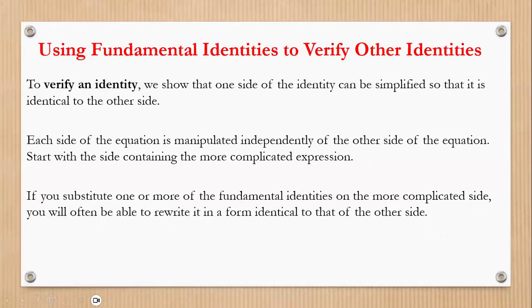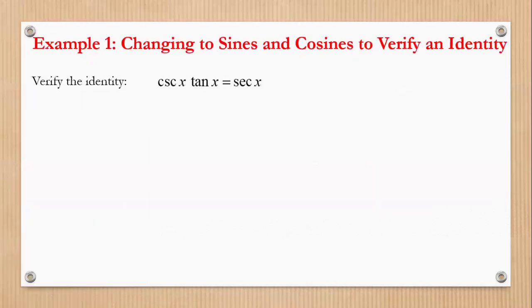For example, we want to verify this identity. Verify this identity means we want to show that the right side is equal to the left side. So I have to start from one side, replace some fundamental identities, simplify, and get the other side.